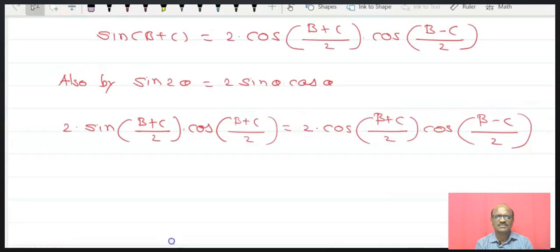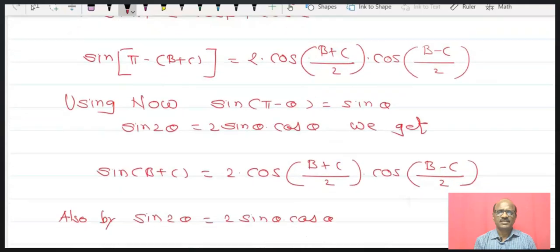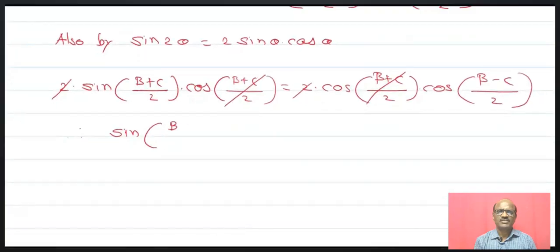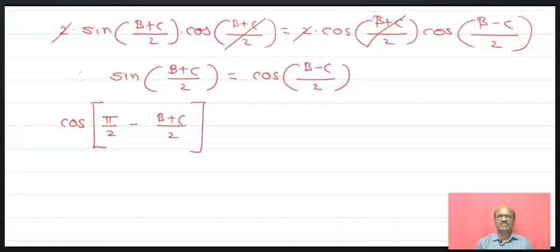Now see this here. Sine of (b plus c) upon 2 is equal to cos of (b minus c) upon 2. Therefore, we will change here: sine theta is cos of (90 minus theta).